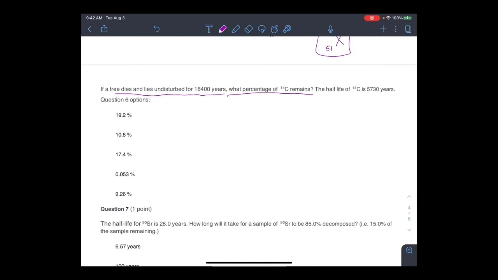Once we die, we are no longer replacing our carbon-14. So once we die, the clock starts ticking on that carbon-14 that is radioactively decaying. And it continues to decay with a half-life of 5,730 years.